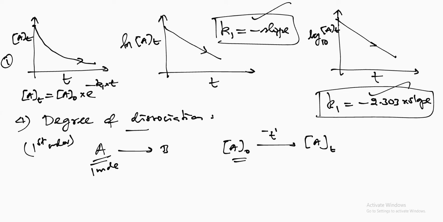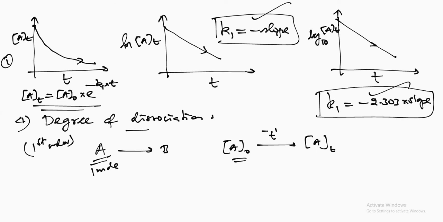We derived it actually. From the same rate constant expression, I told you to remember three equations. From one equation to another you can easily convert. They are all actually one and the same equation. We are making some conversion, that's all.